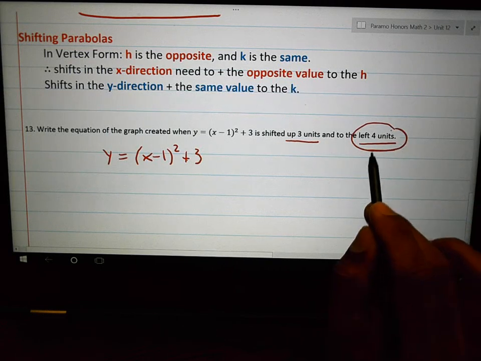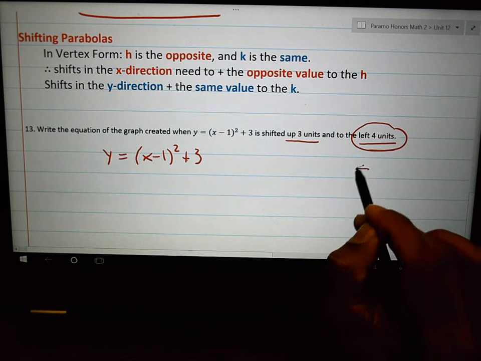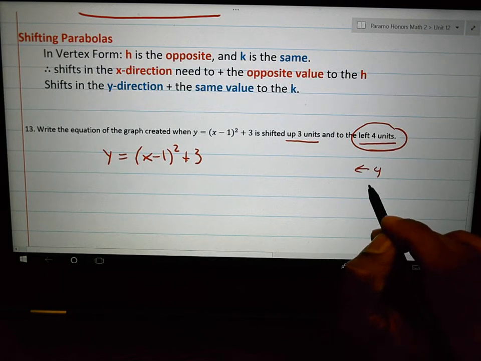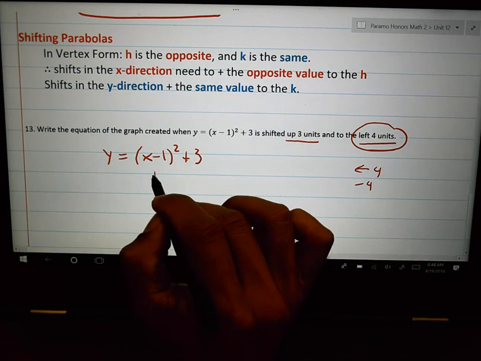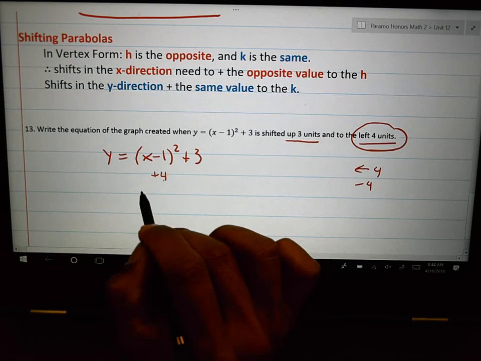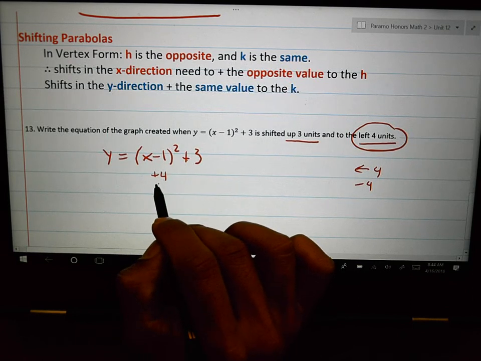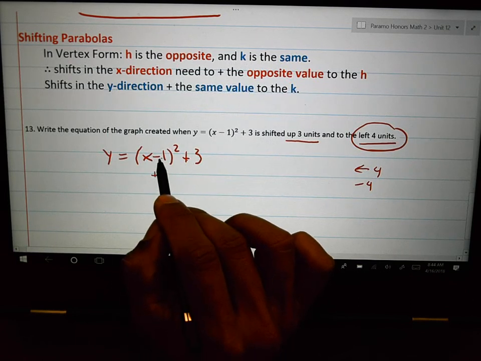If I go left 4, that's your x direction. I just do the opposite of left 4. Left 4 normally means subtracting 4 in the x direction. If you do the opposite of that, that's where I'm going to put plus 4 underneath the h.